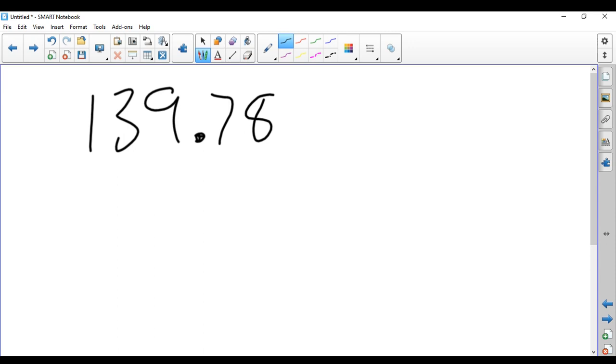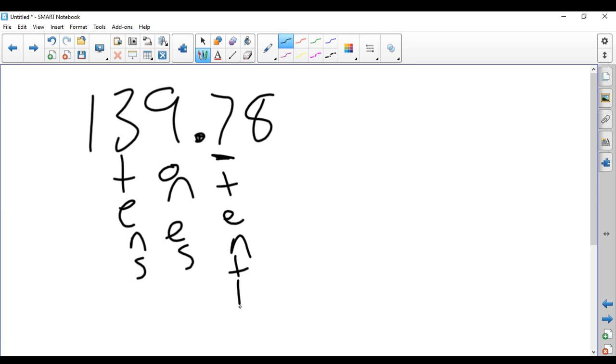So if this is ones and this is tens, once more, this place value is tenths. And this one would be hundredths. You're going to have to pardon my very messy printing. I'm drawing on my touch screen with my finger.